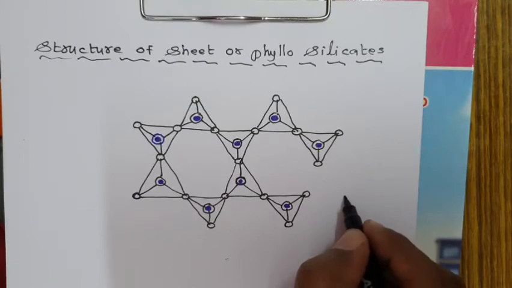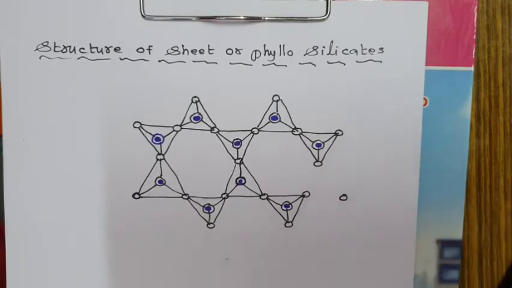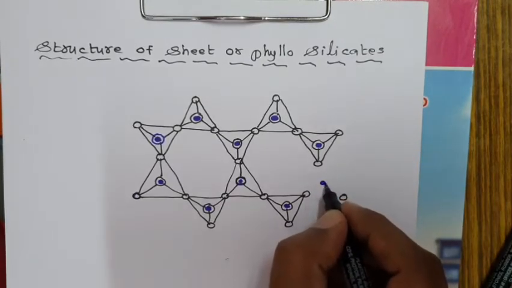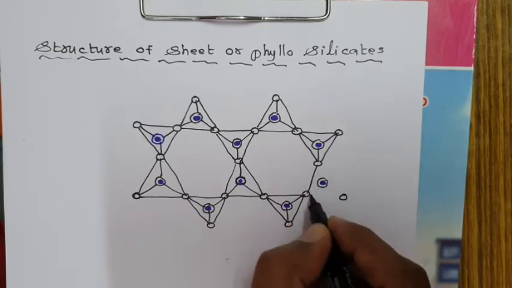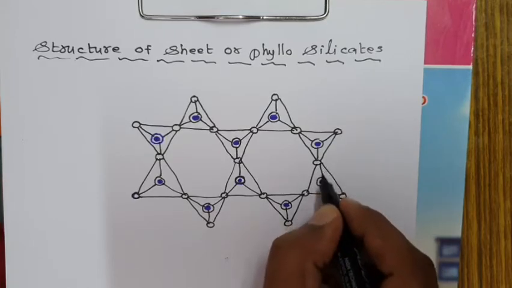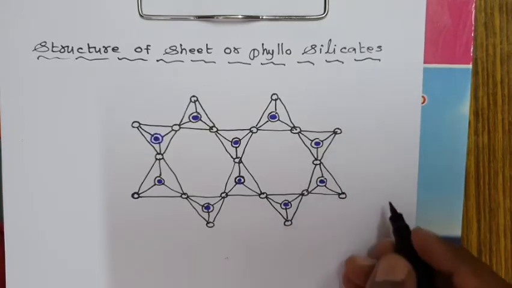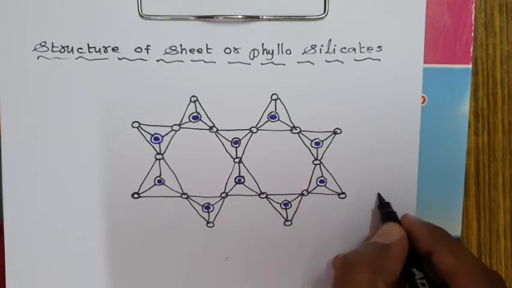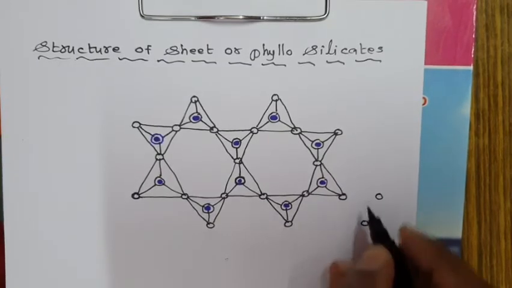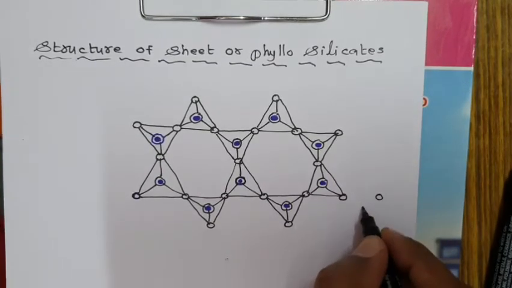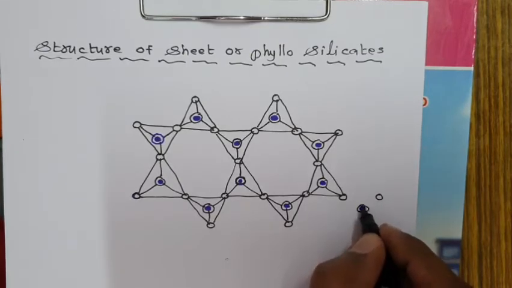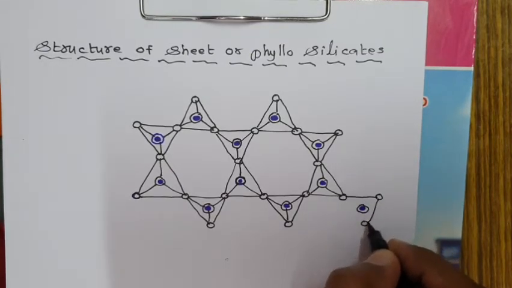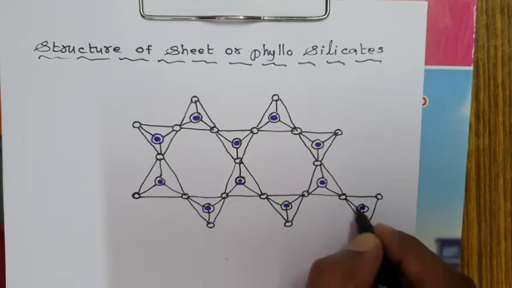Then reverse of this one, at the center one silicon, here you have one oxygen, 1, 2, 3, all the oxygen atoms are linked. Again one more oxygen, at the center one silicon, oxygen, all the oxygen atoms are joined.